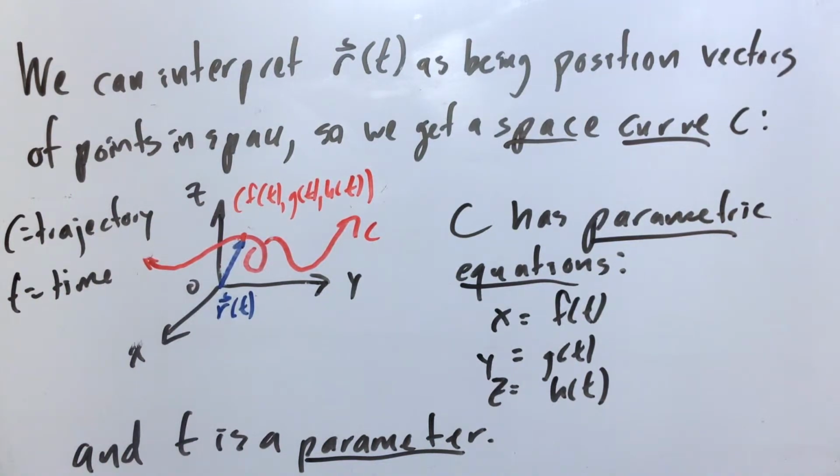And it's nice to interpret this as a vector function because then when we start taking derivatives, our derivatives are going to be vector functions themselves, and it makes more sense for us to think of, say, velocity as a vector than to think of velocity as being a point in space.